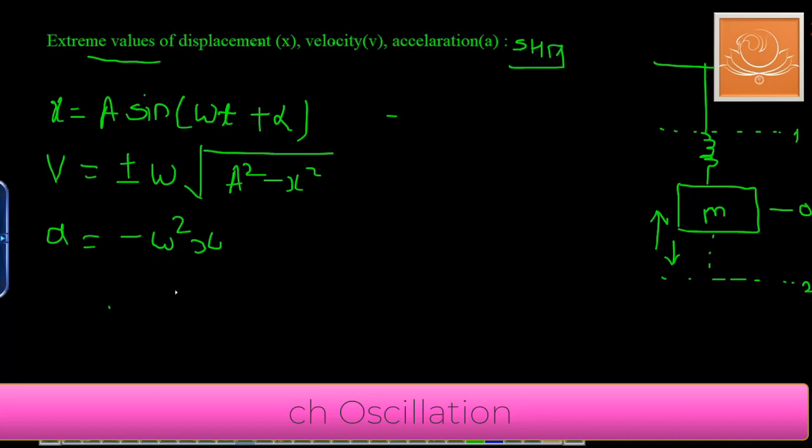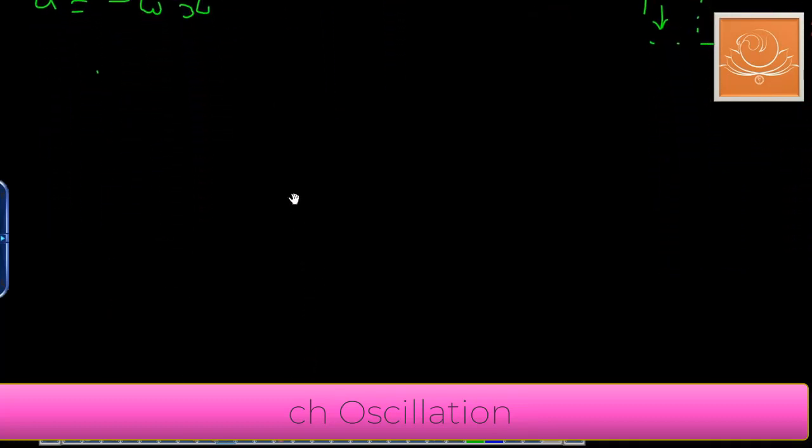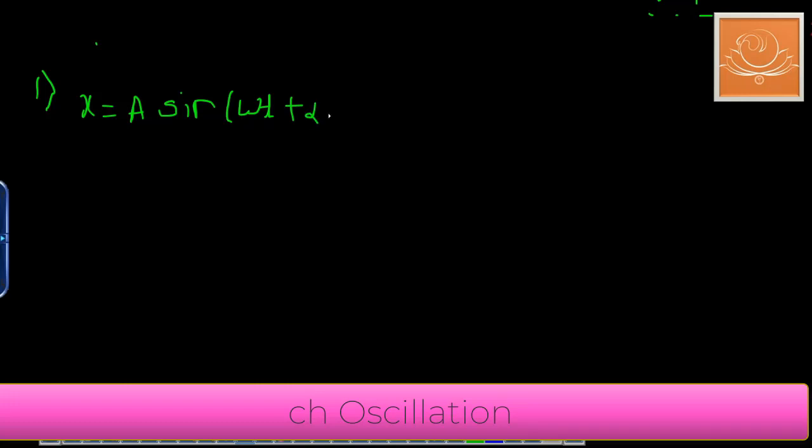Now see, first for displacement, that is extreme values of displacement, that is minimum and maximum values of the displacement. Now the equation is x equal to a sine of omega t plus alpha.